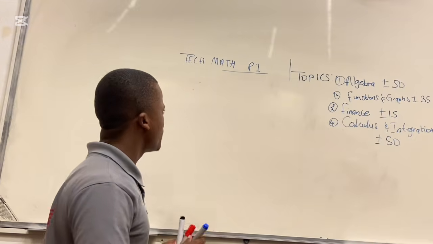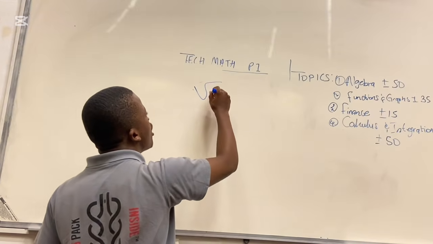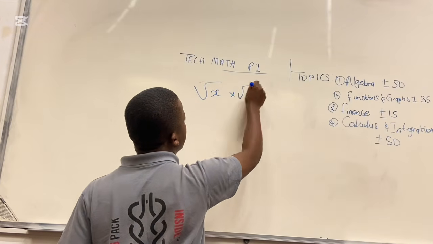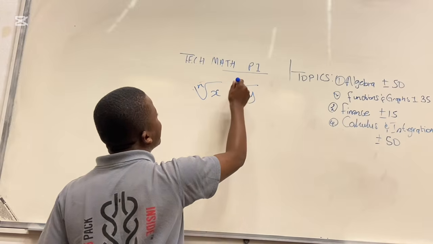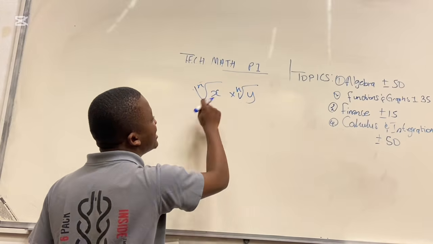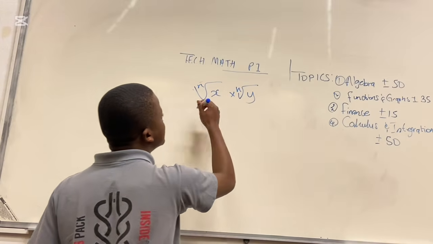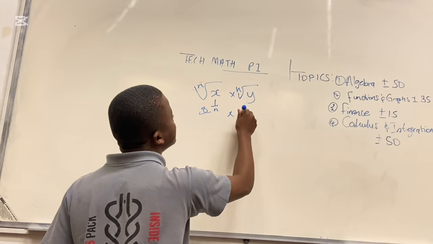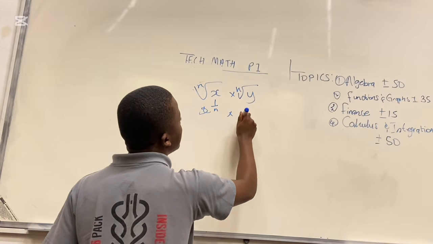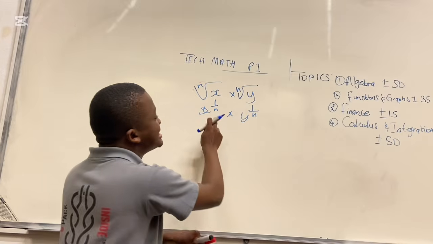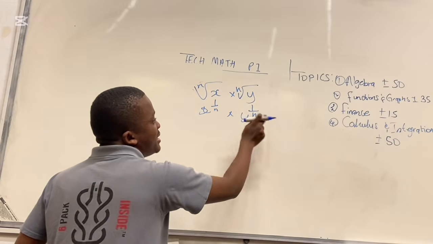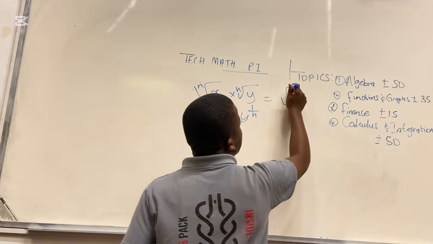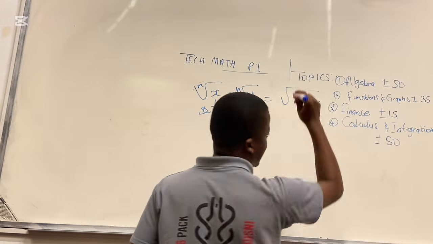Now with surds, people of God, if we have the nth root of x times the nth root of y, as long as they share the same root, this can be the nth root of xy.